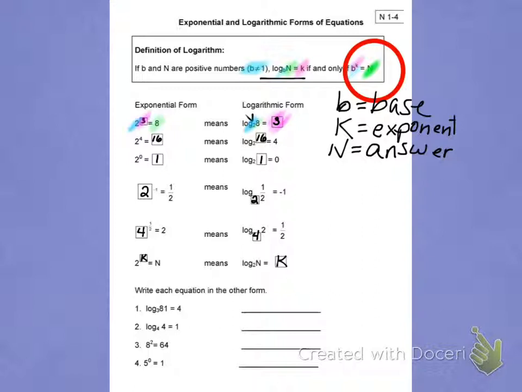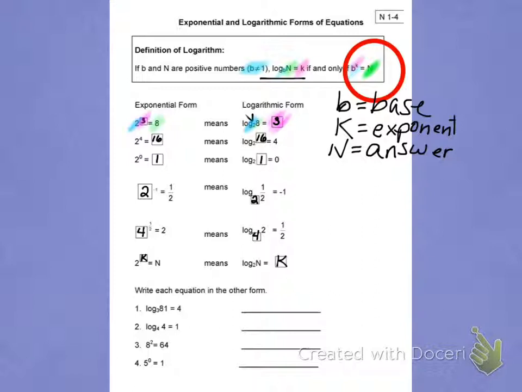So let's go through and do a little more practice. Write these equations in the other form. The first two are in log form, so I need to put them in exponential. The second two are in exponential form, so I need to put them in logarithmic form.